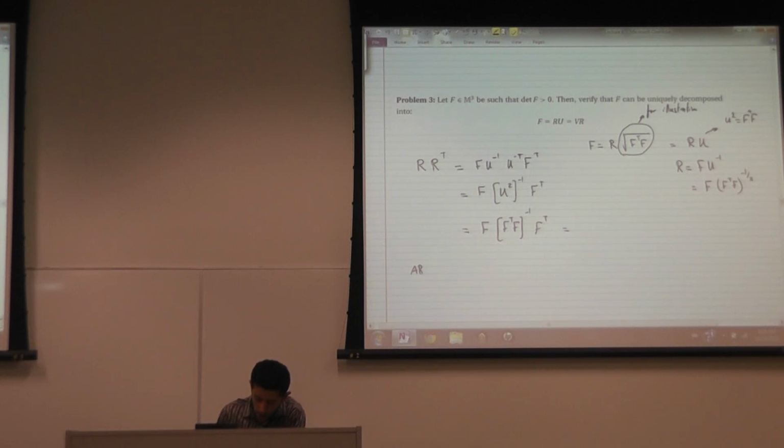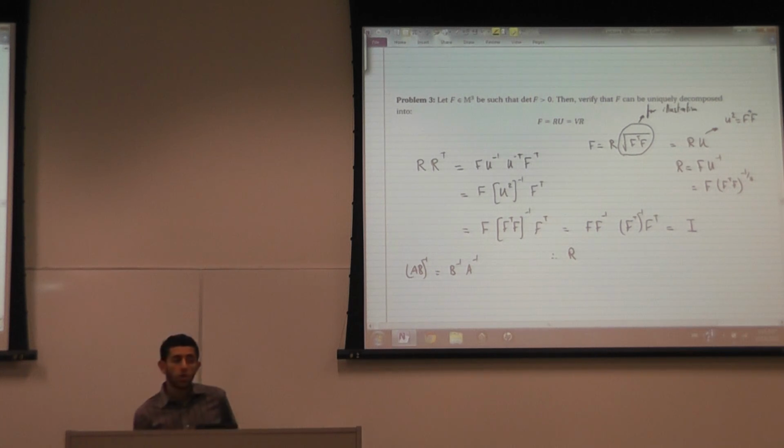Now (AB) negative 1 is equal to B negative 1 A negative 1. And so this is equal to F minus 1 (F transpose) negative 1 F transpose. So this is equal to R. Therefore, R, can I say it's a rotation matrix or not?